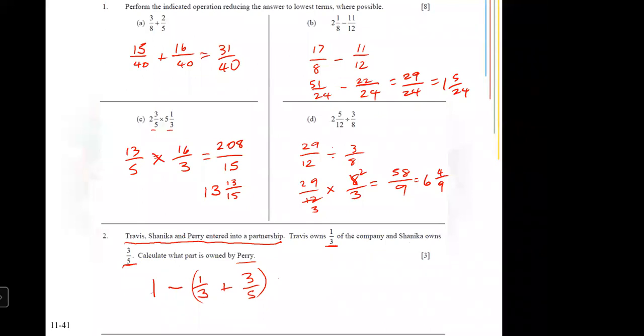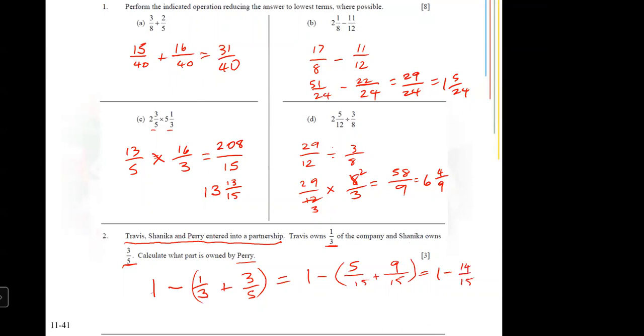So it's equal then to 1 minus, common denominator would be 15. So 3 into 15, 5, 5 1s 5. 5 into 15, 3, 3 3s is 9. So 9 and 5 is 14 over 15.